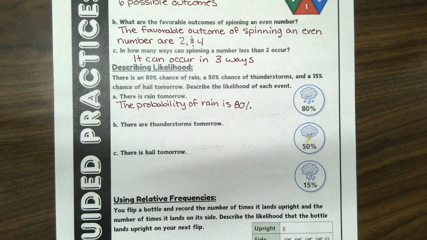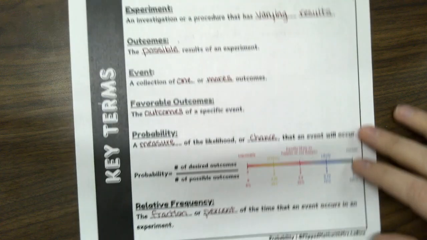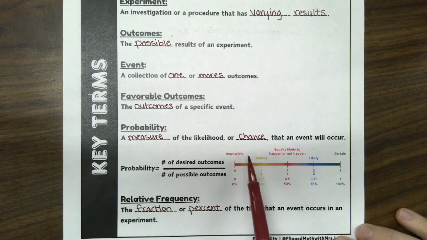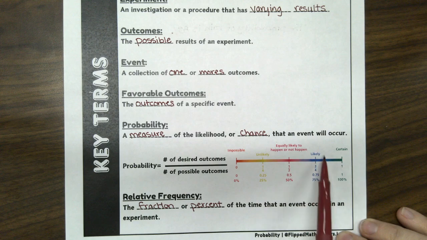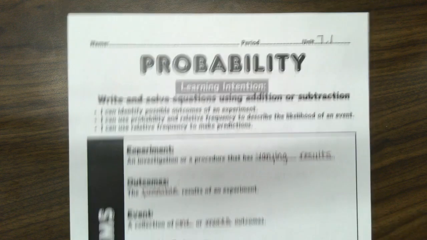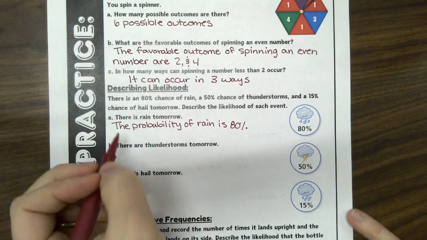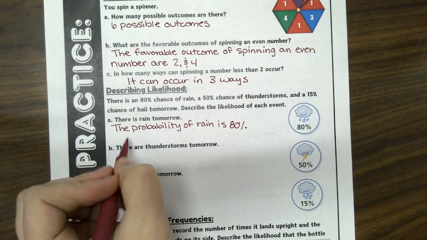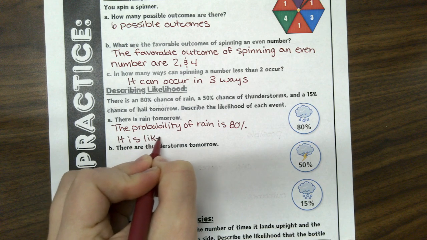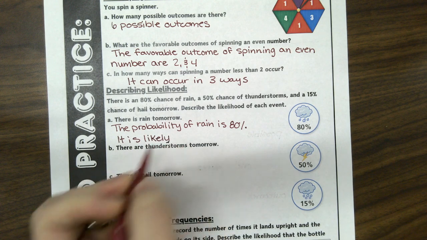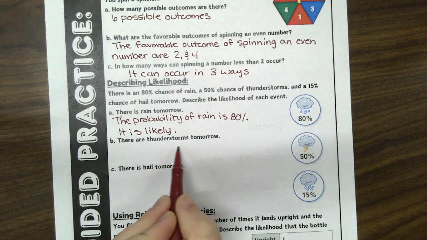So it says describe the likelihood. Because 80% is close to 75%, because let's look back here when we're talking about the likelihood, and because it's close to that 75%, I'm going to say it's likely that it will occur. Now, there are thunderstorms tomorrow.